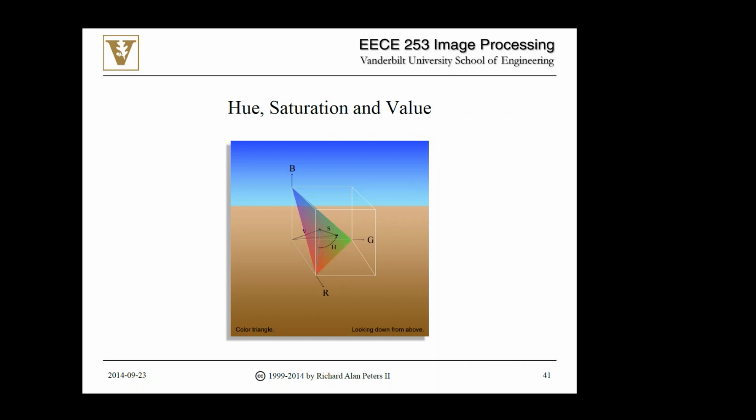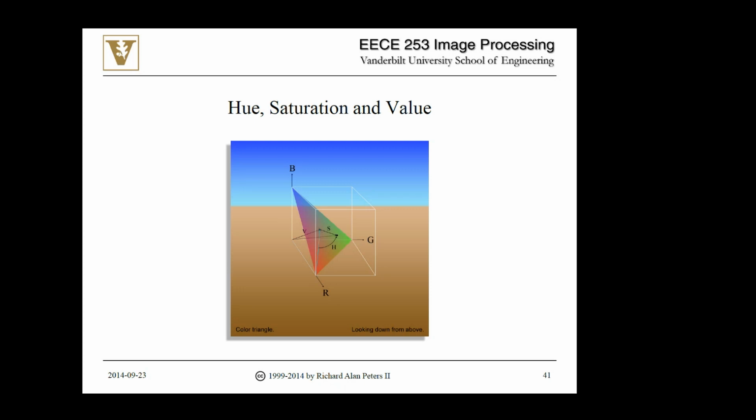So this plane contains a gray point and a pure red point. You join those two points, and then you make a triangle between these two vectors. That is the hue.